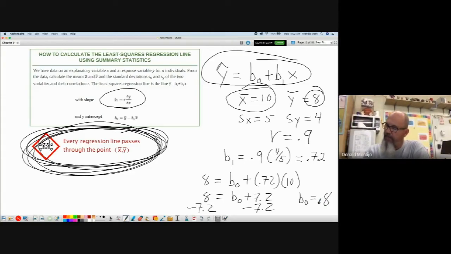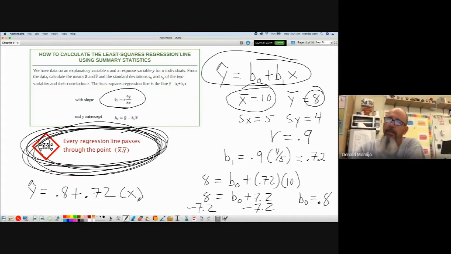So for this example here, my least square regression line is y hat equals 0.8 plus 0.72 times X. Probably won't be asked to do this by hand very often, but I think it's really good to know where this equation comes from and what we are actually doing instead of just pushing buttons in the calculator.